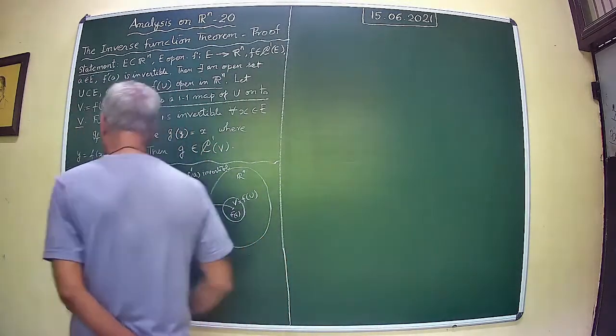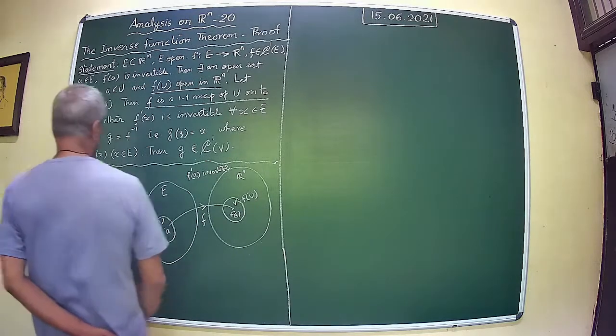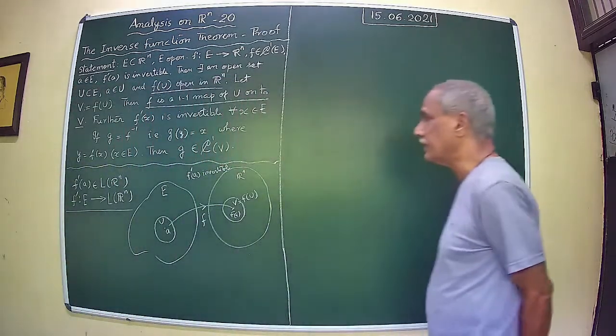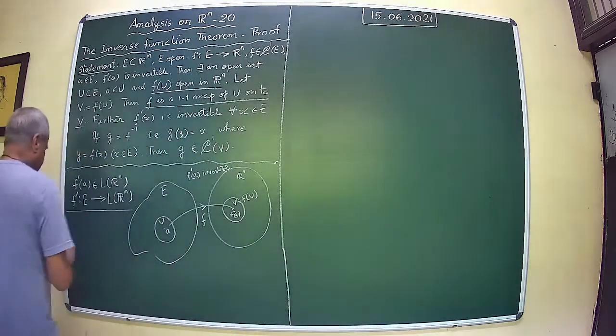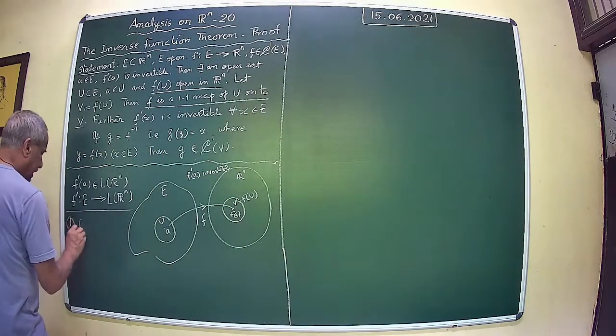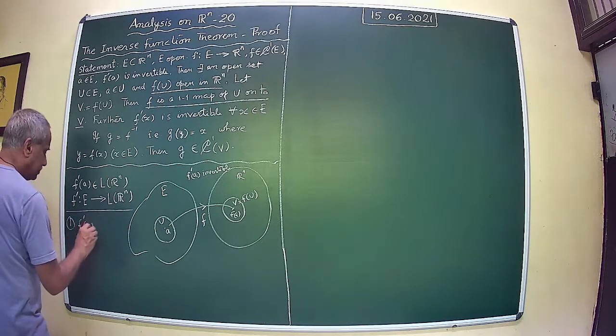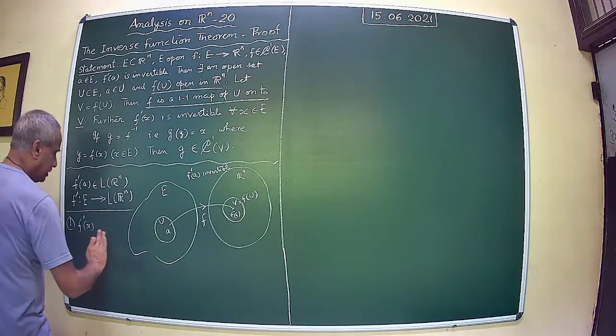Now this is what we have proved. Now we start looking at the other statements. So one of the statements that we are going to take up first is that F derivative of x is invertible.